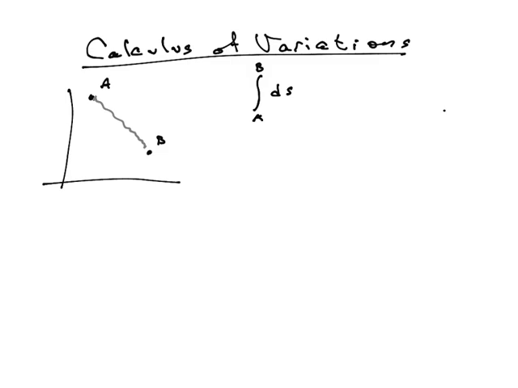Now, I know ds is the square root of dx squared plus dy squared. That's Pythagorean theorem, basically. But generalized in higher dimensions, this is still true. You just tack on the extra spatial dimensions the same way.